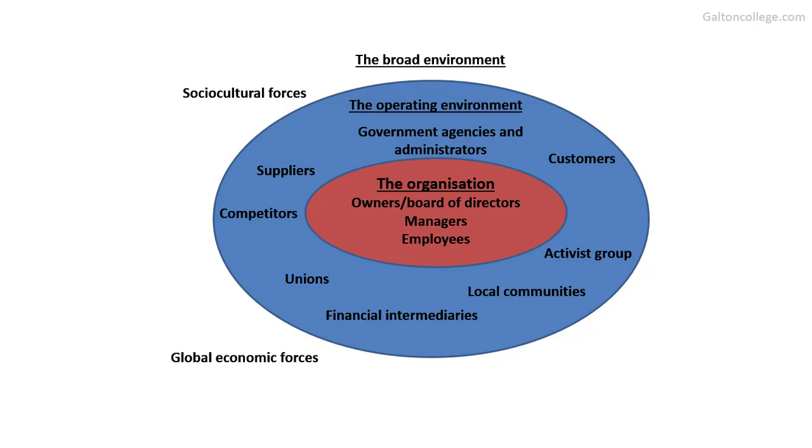A company, let's say in the UK, may see itself in competition with a company in China or a company elsewhere in the world. And the company in China will see itself in competition with a company in Africa, and so on. So we live in that very much interconnected world.